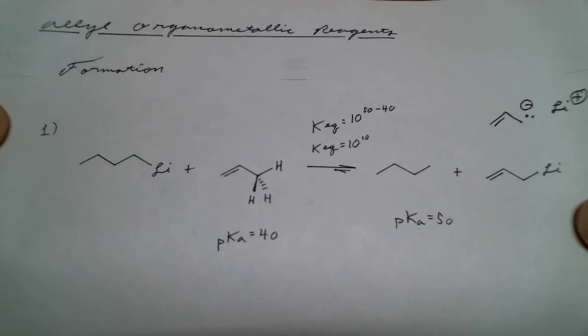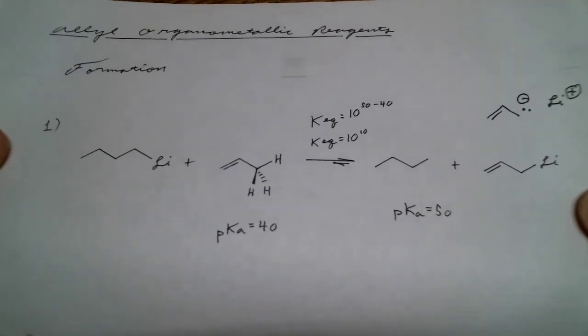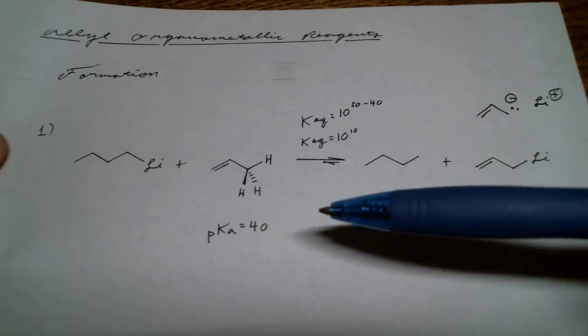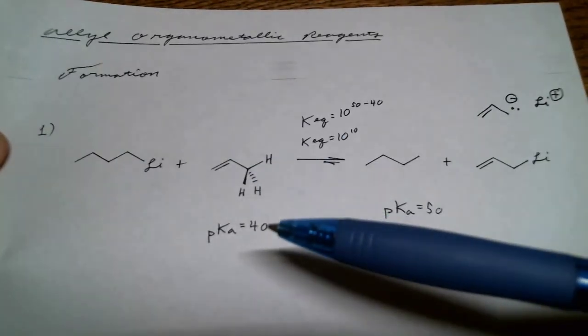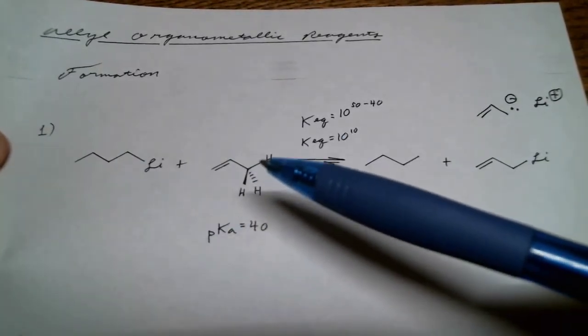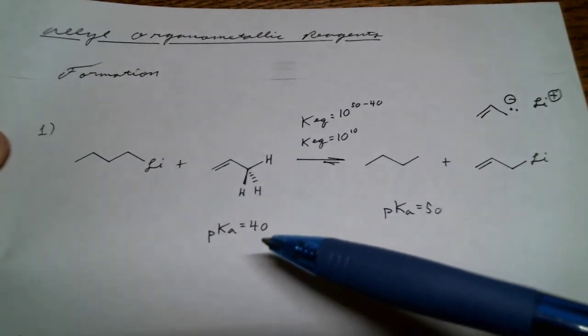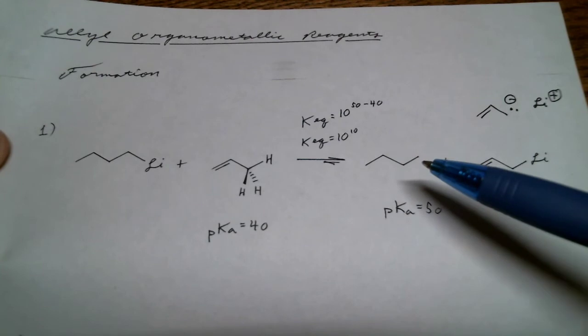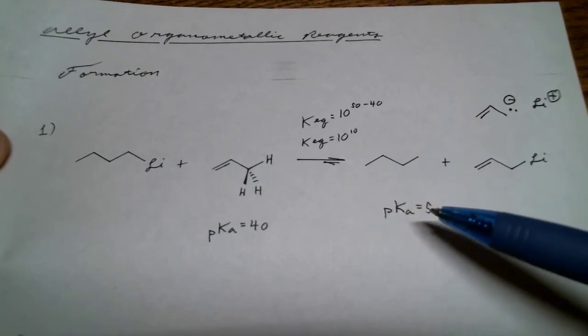So last thought for this video, and we'll get this class done in a series of 4 videos, is allyl organometallic reagents. In terms of their formation, we could actually deprotonate our propene, right, our allylic carbon, because the pKa of propene is 40, whereas the pKa of a saturated hydrocarbon is about 50.